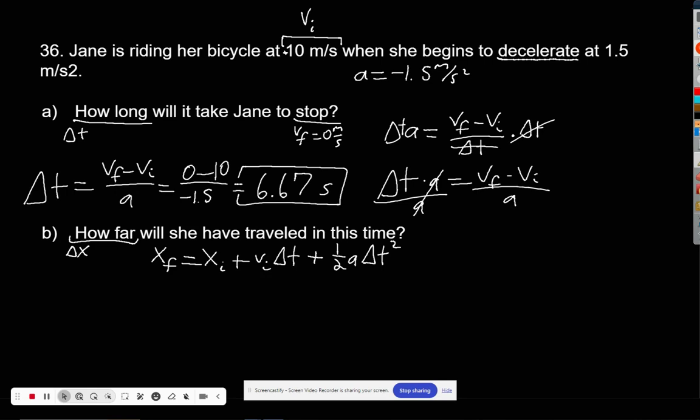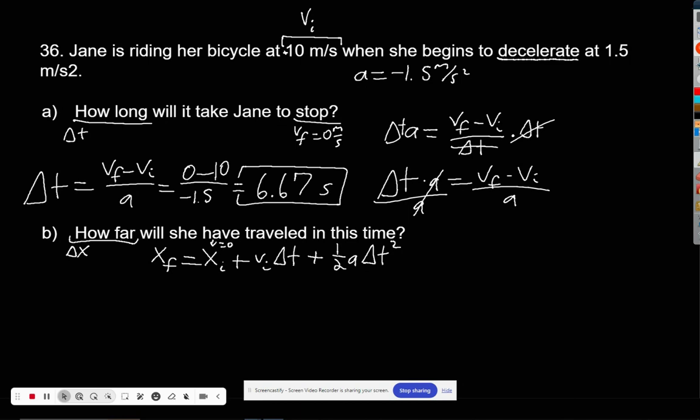Now, technically, this equation does not have delta x in it yet. So we have 2 options. Option 1 is what I generally go with when we're going through class. And that's just to say, make the assumption that our initial position is 0.